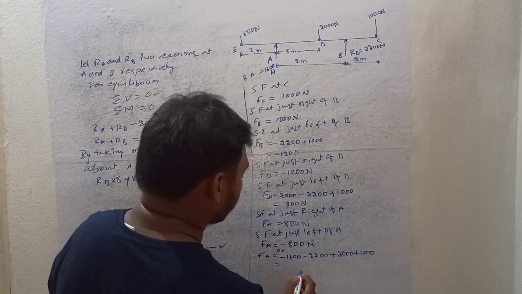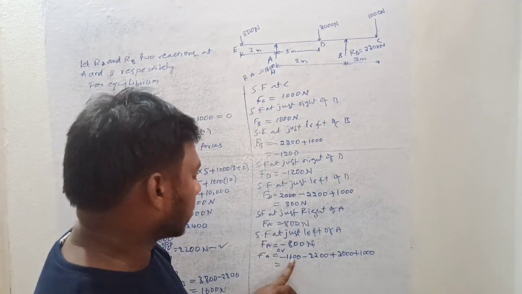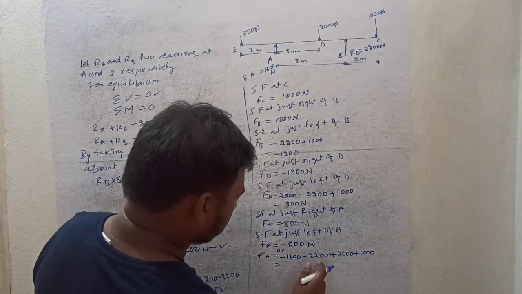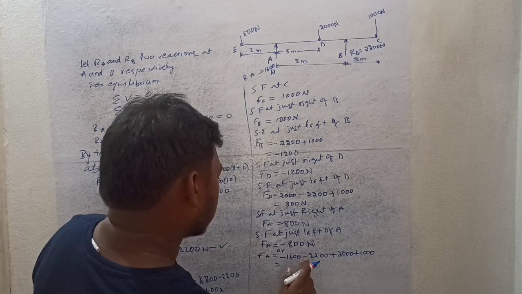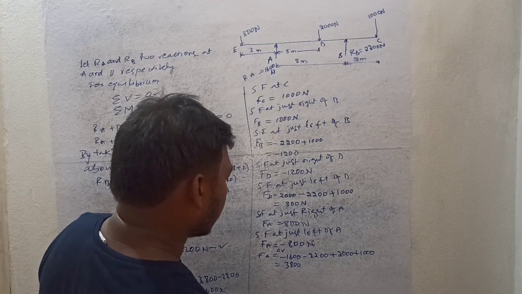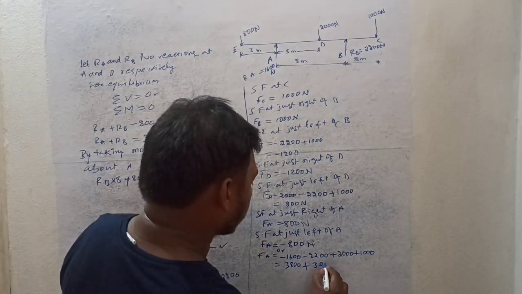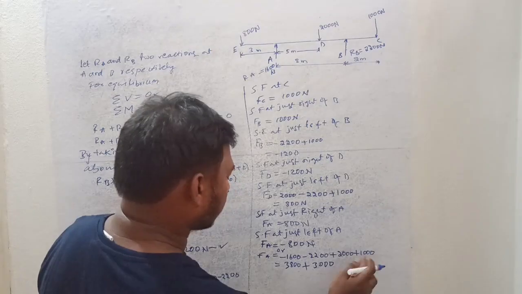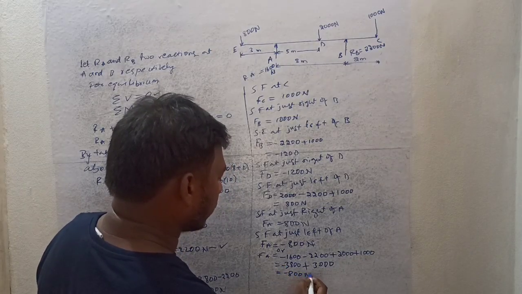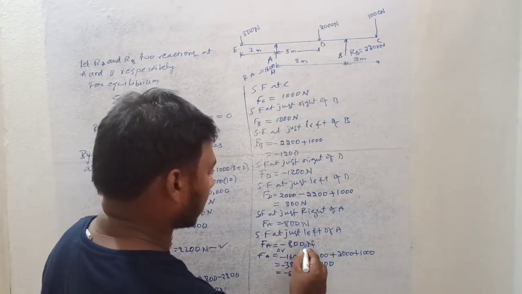So what is the summation of all this? 2200 and 1600 is 3800, and here it is 3000, 2000 plus 1000, so it will be minus 800 newtons.